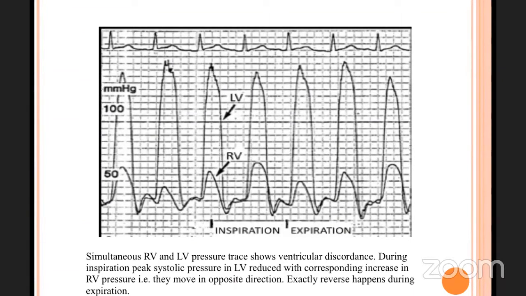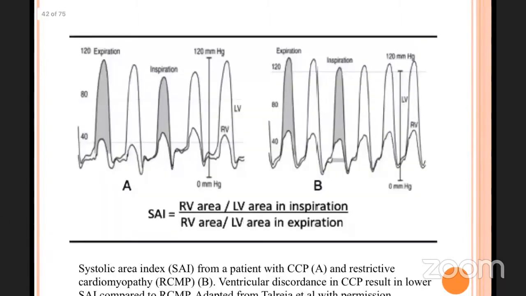Now, the degree of change has been quantified by calling it the systolic area index, wherein the RV area expressed as a percentage of LV area during inspiration is divided by the RV area as a percentage of LV area in expiration. If both are moving in the same direction, this will be something like 1 only.